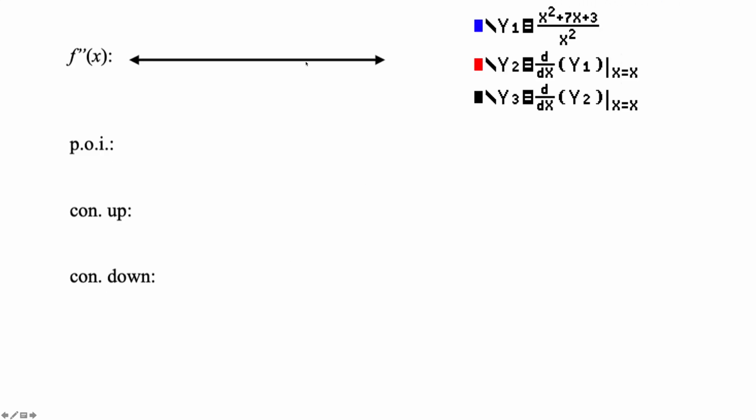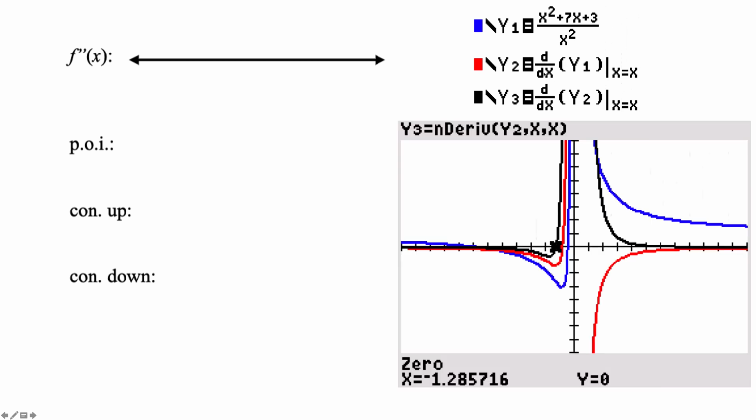Second derivative. Okay, now we highlight y sub 3 to take the derivative of the first derivative. I look at my graph, and again, once that black curve came up, I wanted to find that x-intercept because that's going to be my point of inflection x value, -1.285716.